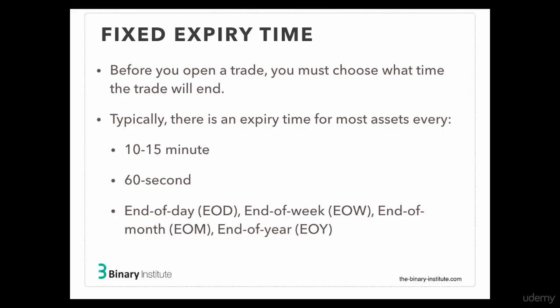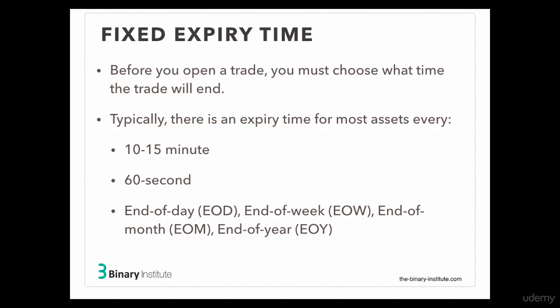Now, before you even enter the market, you must choose a time when your trade is going to end or expire. On most binary options trading platforms, you have several options in regards to the length of the contract. Usually, you will have the options for binary trades, which usually expire every 10 to 15 minutes, or every half hour or hour, depending on what the asset is.